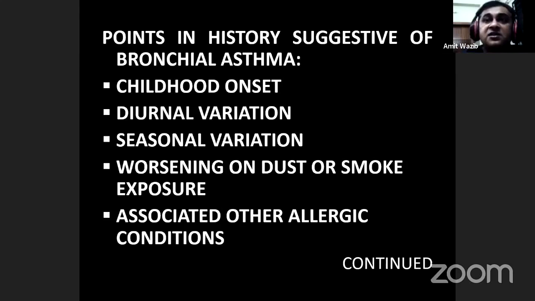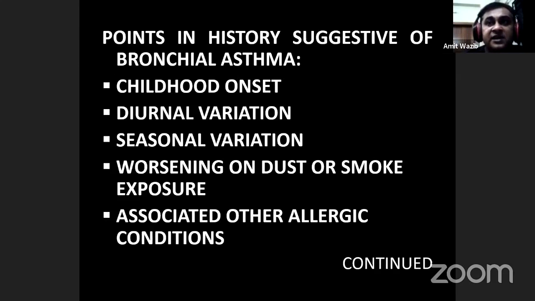Fourth, worsening of symptoms on exposure to dust or smoke. Finally, asthma is an allergic condition. So if the patient has allergic conditions like allergic conjunctivitis, allergic rhinitis, or eczema, then this condition is likely to be bronchial asthma. So the presence of any of these 5 conditions usually indicates bronchial asthma.